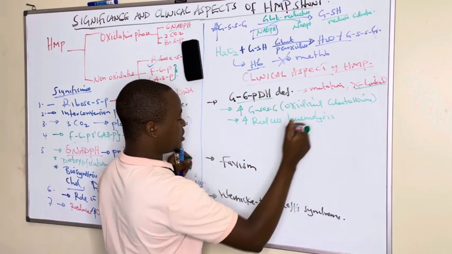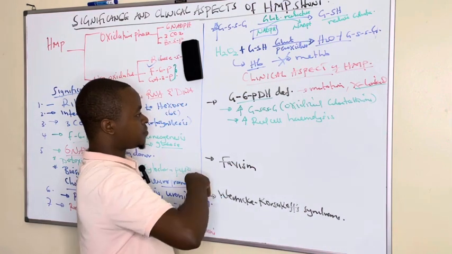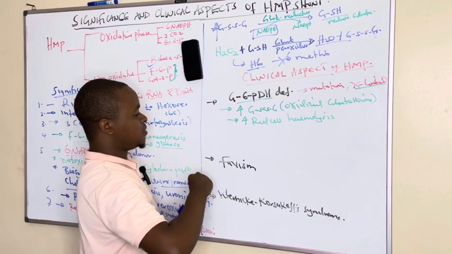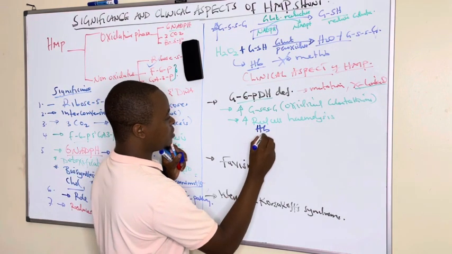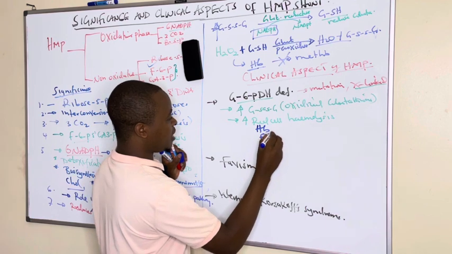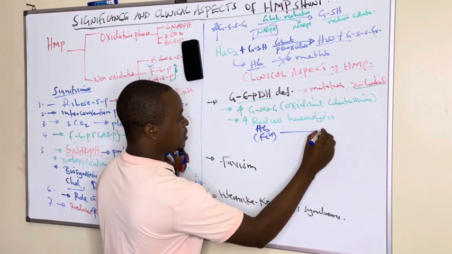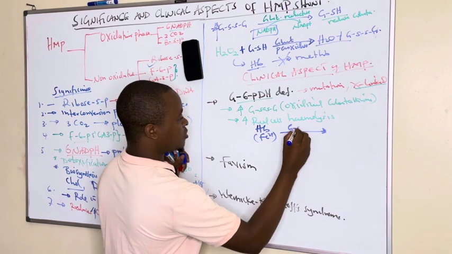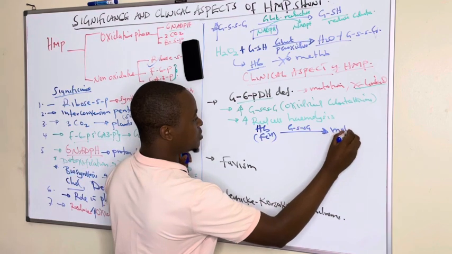How do we see this happening? In red cells we have Hb having ferrous iron, which is able to carry oxygen. It is oxidized by accumulation of oxidized glutathione to form methemoglobin.